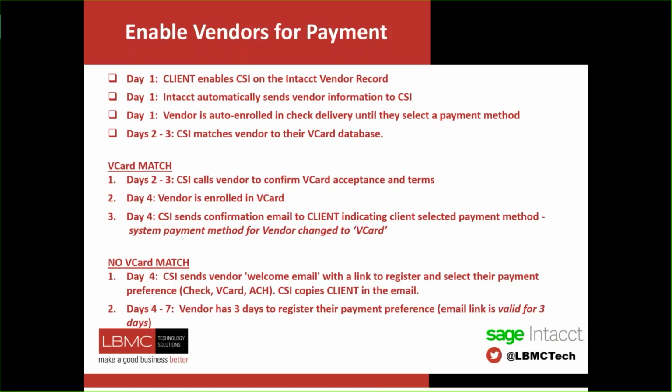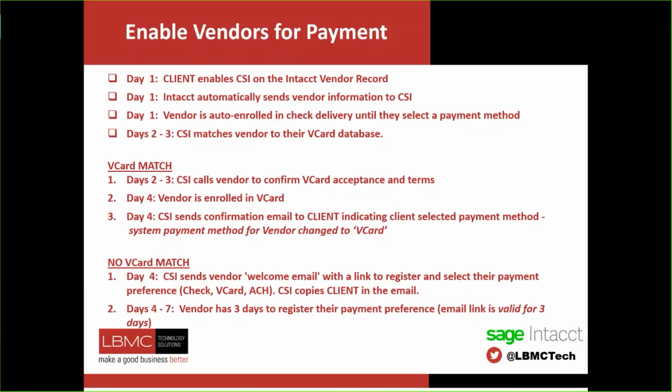Now, if CSI does not find them in their database, then they're going to try and get them to enroll in the V card payment method. So CSI is going to send them a welcome email with a link to register and select their payment preference. And CSI will copy you in that email.